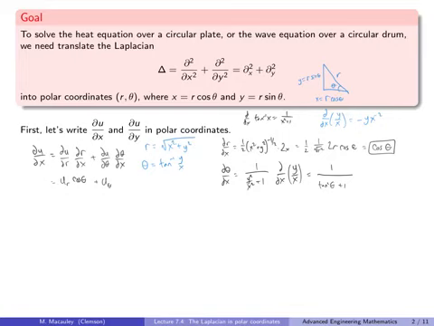Negative y is negative r sine of theta, and then 1 over x squared is 1 over r cosine theta, quantity squared, so that's over r squared cosine squared of theta. Things are going to cancel and simplify. First of all, tangent squared of theta plus 1 is secant squared, so this is 1 over secant squared of theta.